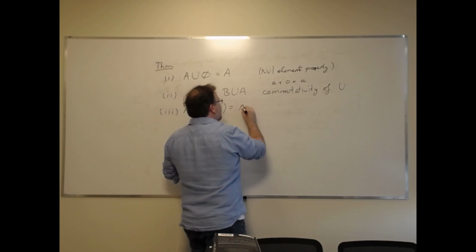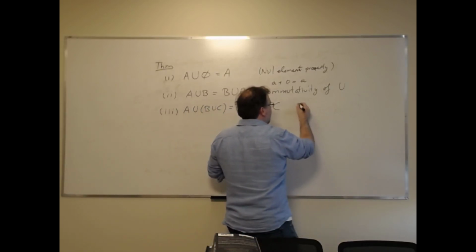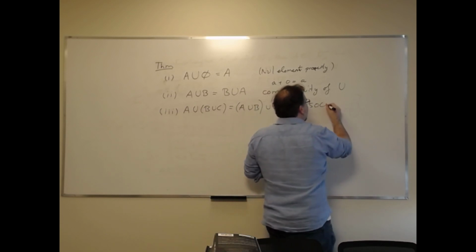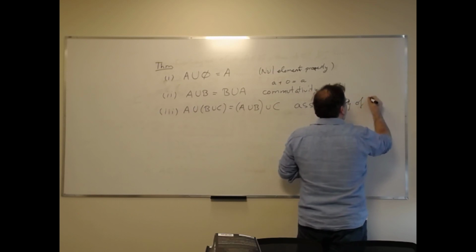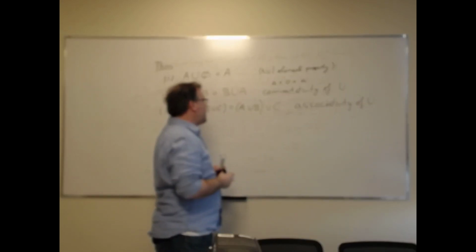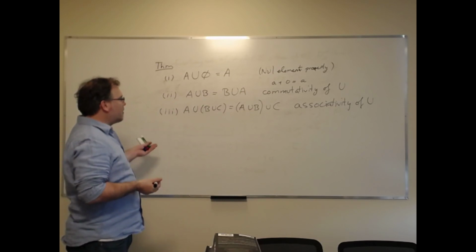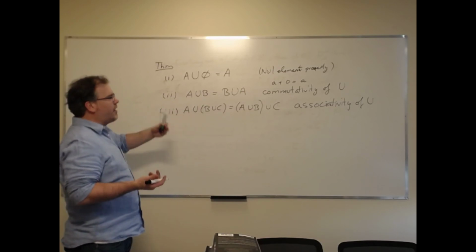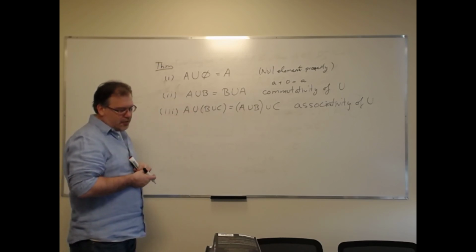The third one says that A union (B union C), with the parentheses around the last two, is the same as (A union B) union C. That's what we called associativity before. So binary union is associative, and as a result, after you've proved that, you can start omitting parentheses because we know that it doesn't matter where we put them.